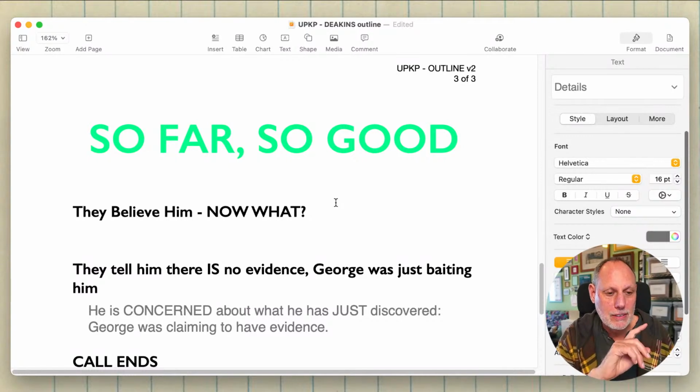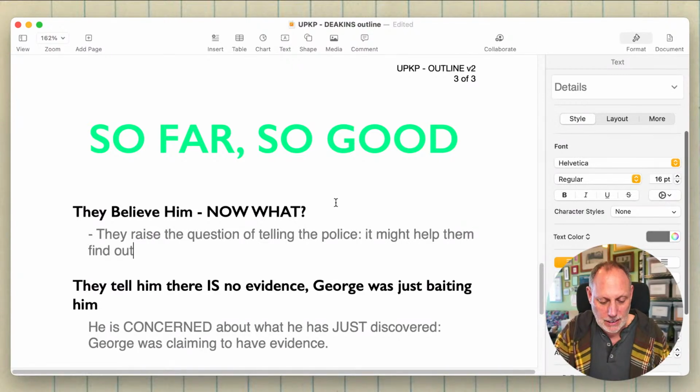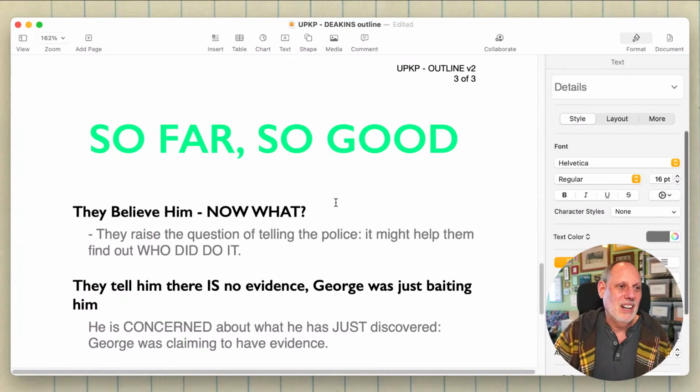Because one of the things that is happening is, if he didn't do it, they have to raise the question of telling the police. It might help them find out who did do it.